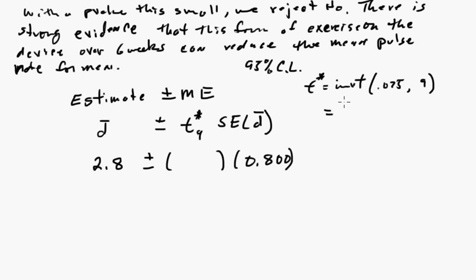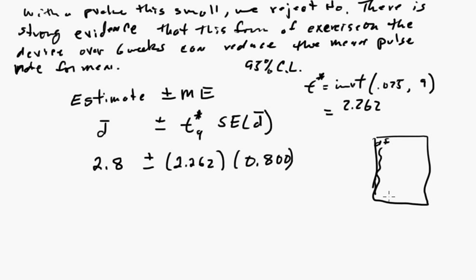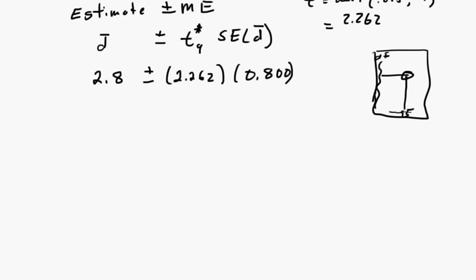Okay, and that should give us 2.262. Also remember that in the textbook, if you go to the back, the table has a column of degrees of freedom, and on the bottom you have your confidence level. So you find 95, go up, and you can find the t value.